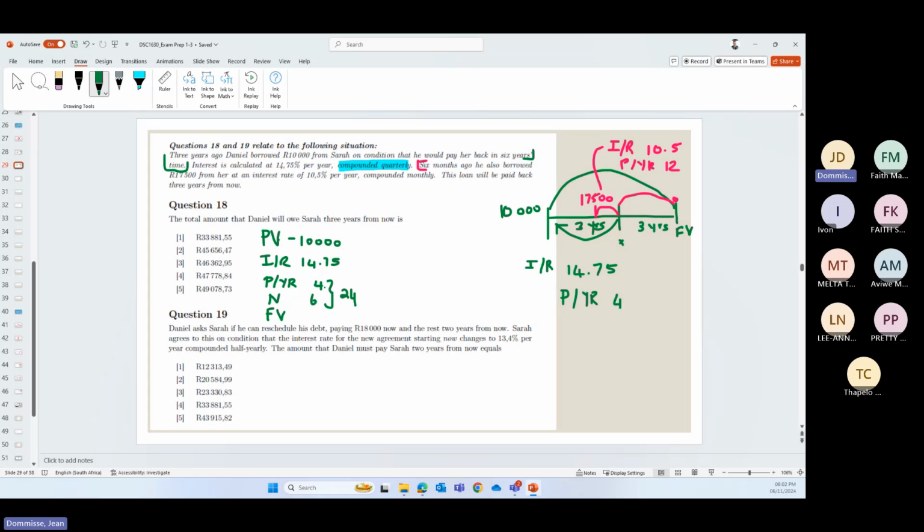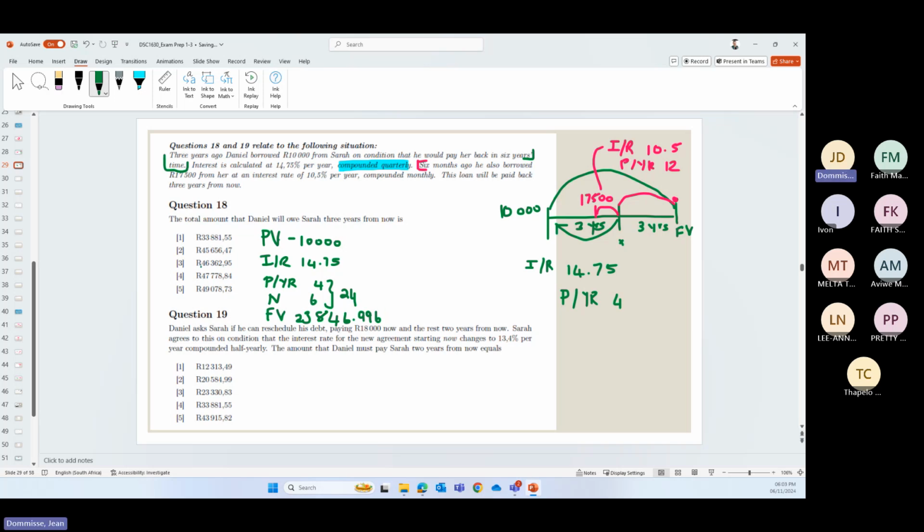It is for 6 years, so it will be 24 periods. And then our future value is 23,846.996. So that is probably rounded off to 23,847. But let's just keep that for now.